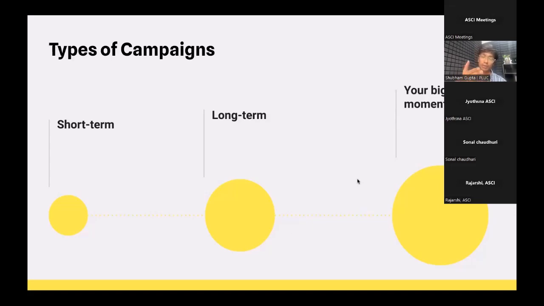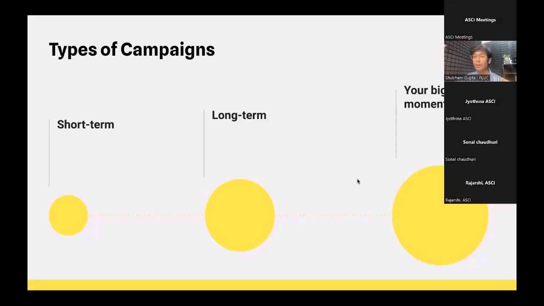From your Swachh Bharat Divas to New Year to Diwali, Raksha Bandhan, everything combined: how you are creating awareness during Diwali, how you're creating awareness during New Year, because those are particular days where you can create specific messaging that people will be able to receive. So during Diwali or Sanitation Day or Swachh Bharat Divas, people will be able to listen to you. So maybe you can design your movement according to that. That's your long-term campaign.